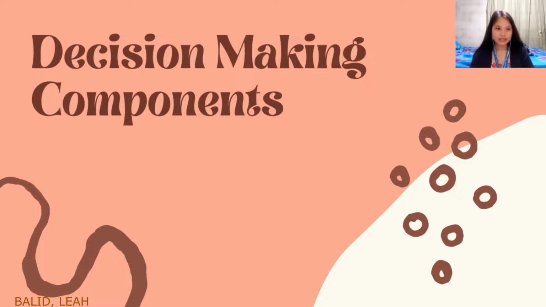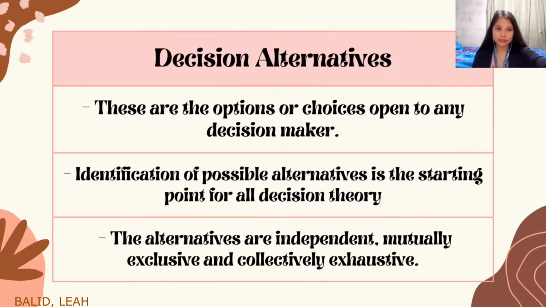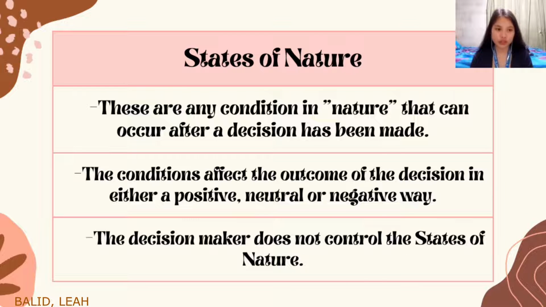Next, the decision-making components. Decision alternatives. These are the options or choices open to any decision maker. Identification of possible alternatives is the starting point for all decision theory. The alternatives are independent, mutually exclusive, and collectively exhaustive. The states of nature.